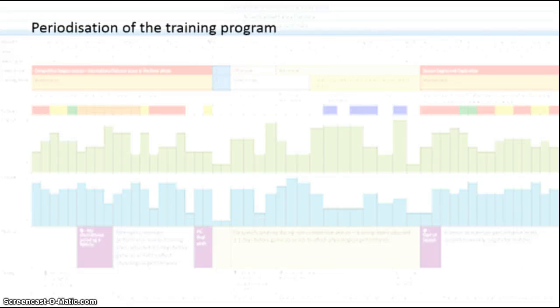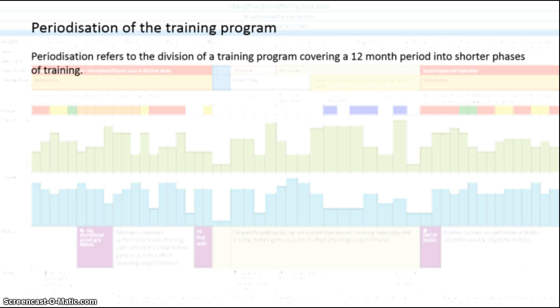In order to make the most out of any training program, it is important that it is well designed and that it follows the basic principles of periodization. In simple terms, periodization as it applies to training refers to the division of a training program covering a 12-month period into shorter phases of training.